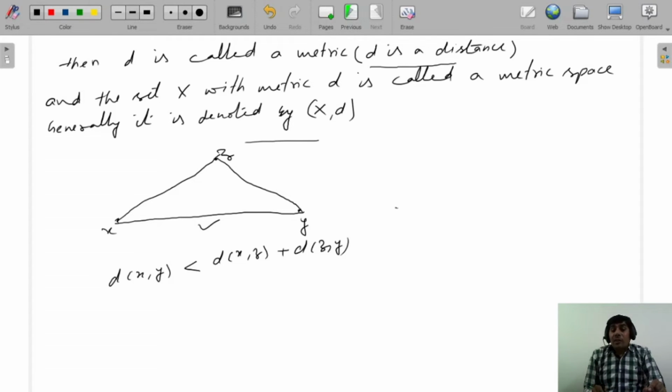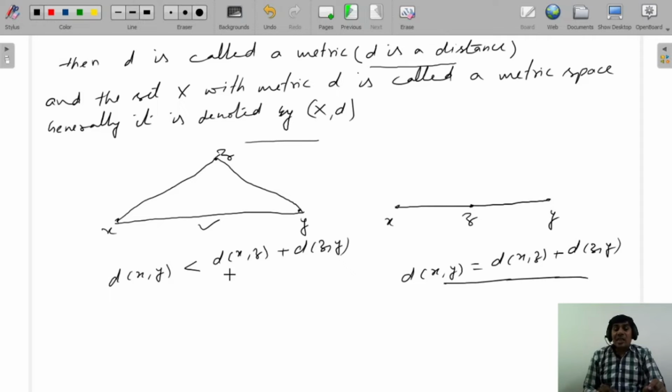If these 3 points x, y and z are collinear, then the distance between x and y is equal to the distance between x and z plus the distance between z and y.